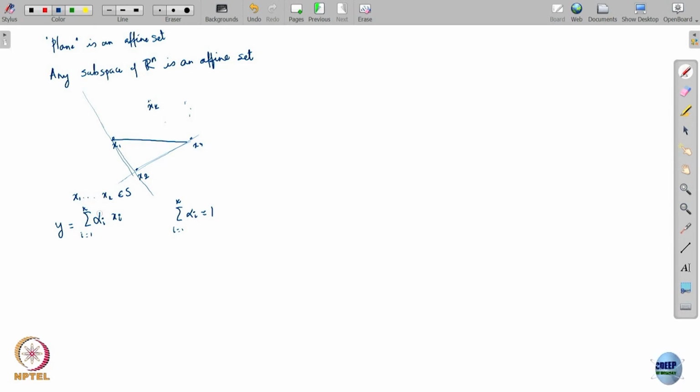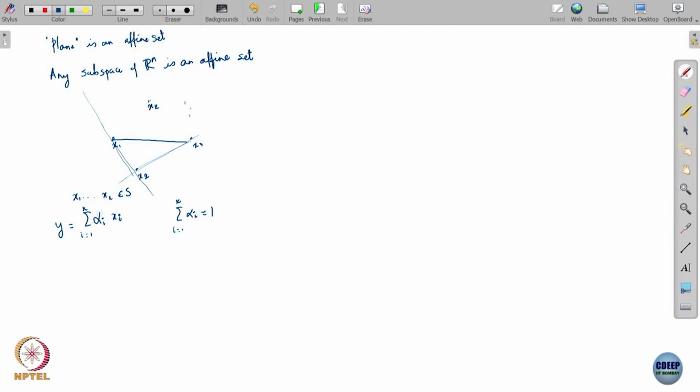It is not exactly a subspace, I'll be clear about that. But what would be the property of that? It would be such that if you take any 2 points that lie in that set, the line passing through those 2 points will be in the set.